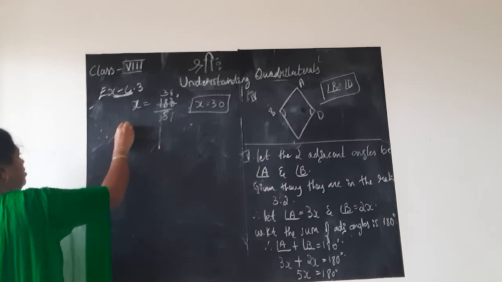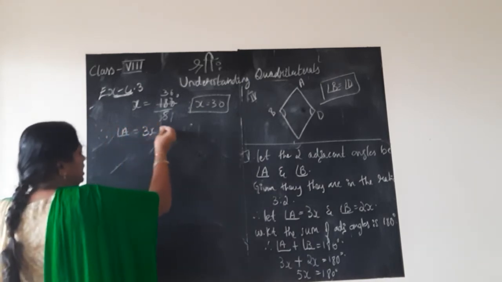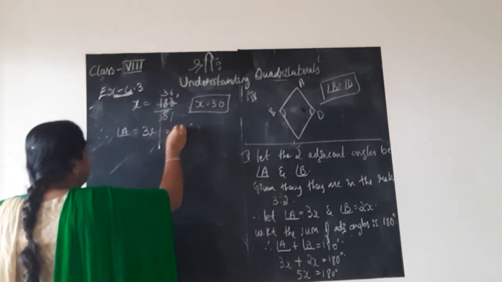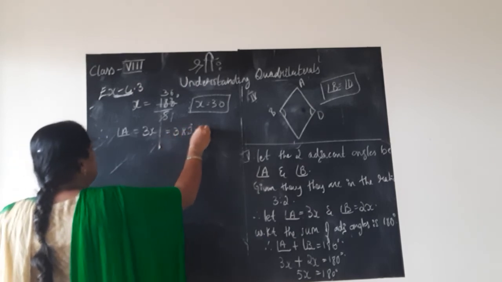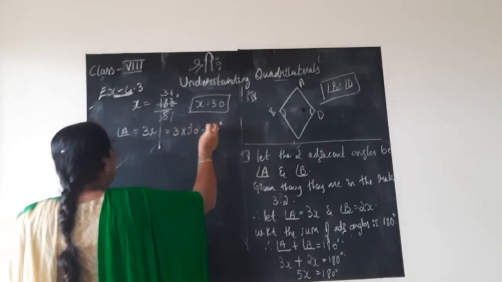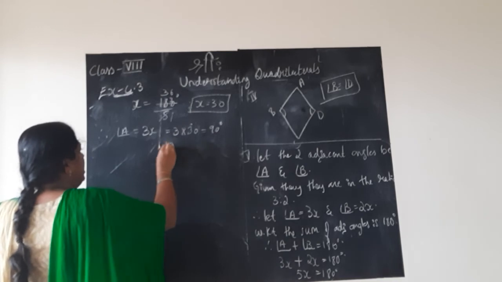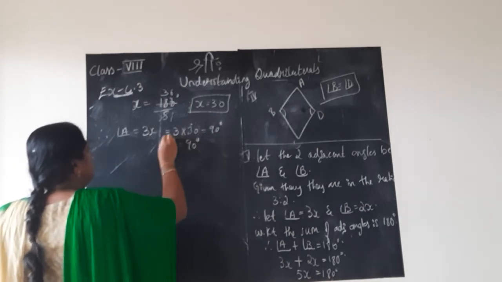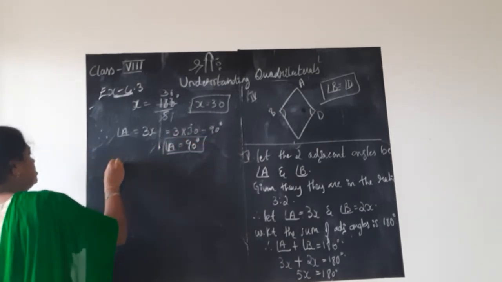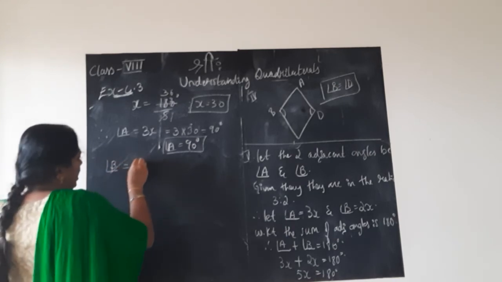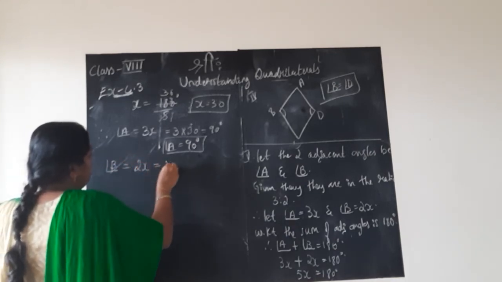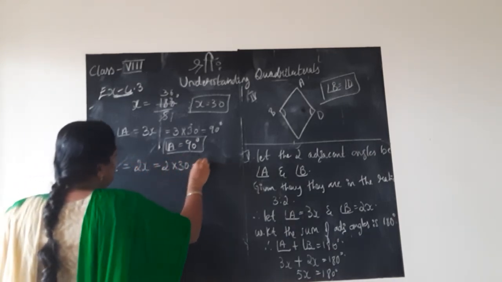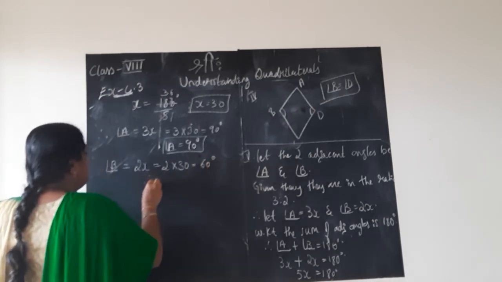Now we will find out what is angle A. Angle A is 3x, 3 into x. x just now we have found to be 30. 3 into 30, 90 degrees. So angle A is 90 degrees is the answer. That is not the end. We have to find angle B also, which is equal to 2x, 2 into 30, which is clearly 60 degrees.